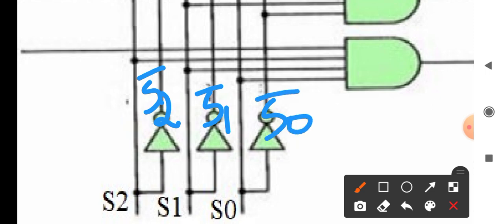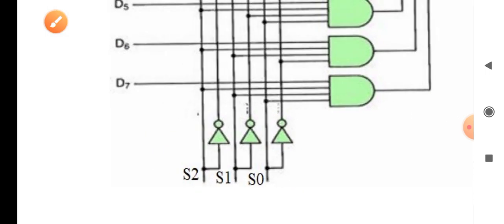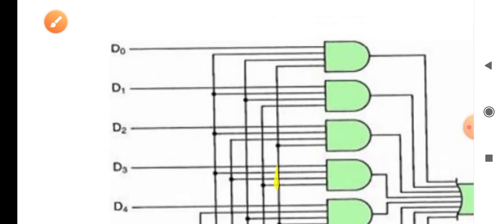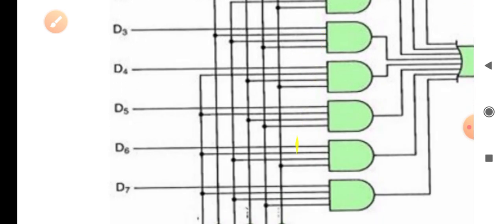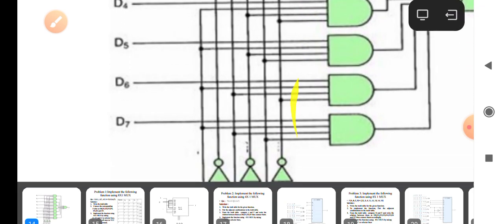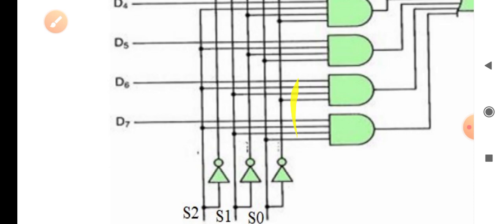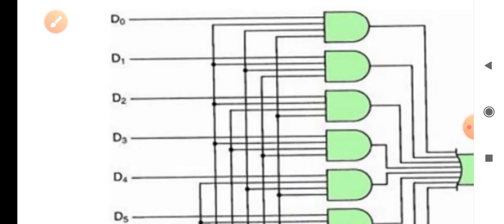The same is given to D0, and the same is given to D1, where for D1 we need to give S0 as the non-complemented value.